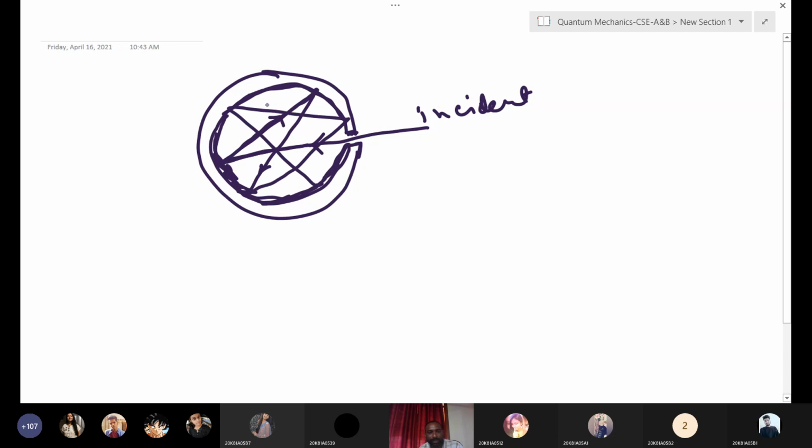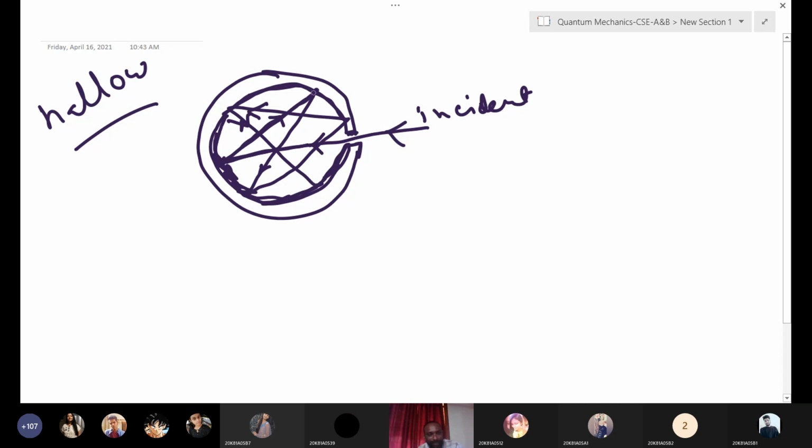Once the light is incident inside the black body or hollow cavity, hollow means just empty, nothing is there inside. The cavity is created inside and coated with lamp black or some metal coating, and they send incident light. This light, whatever is incident on the inner surface, will reflect back and hit another surface.